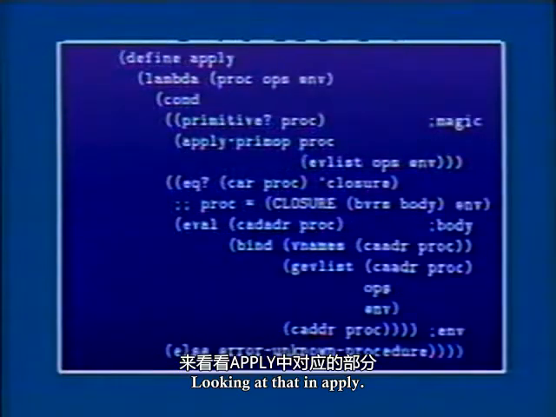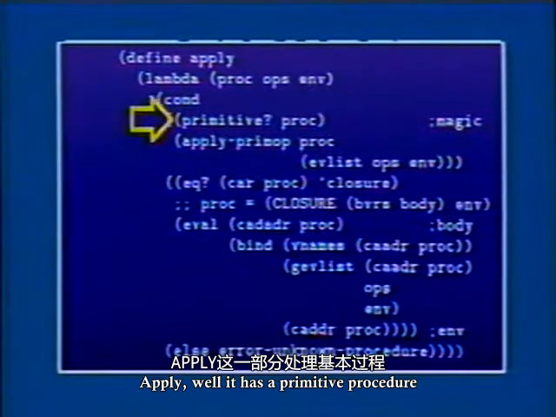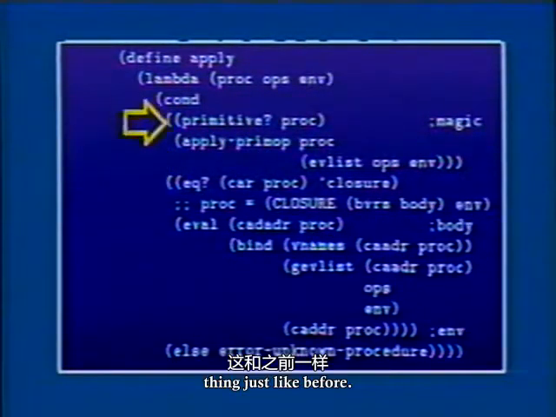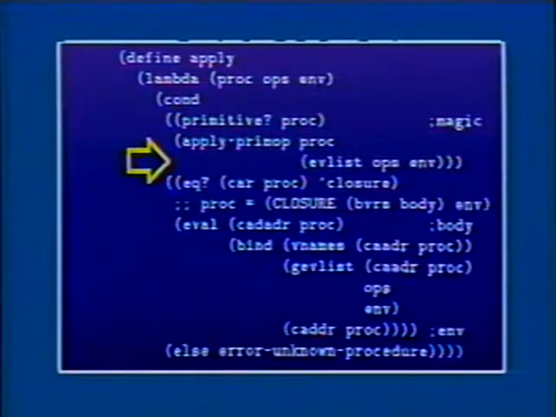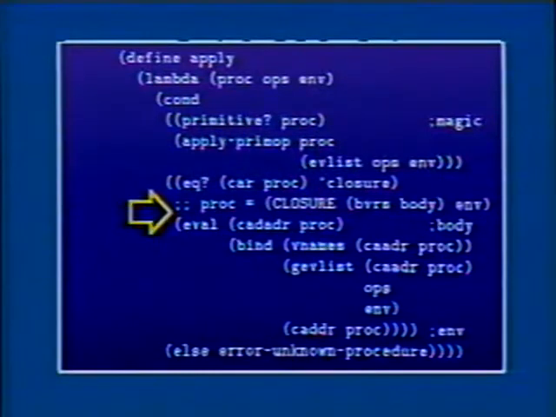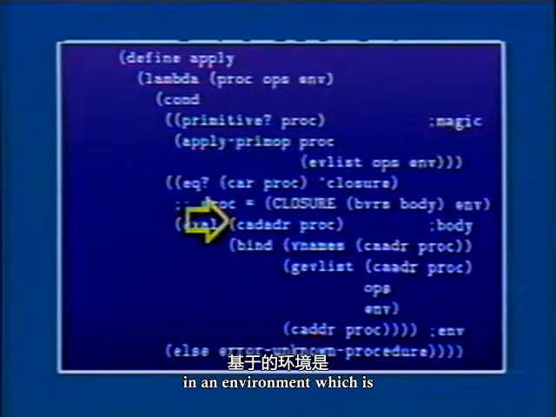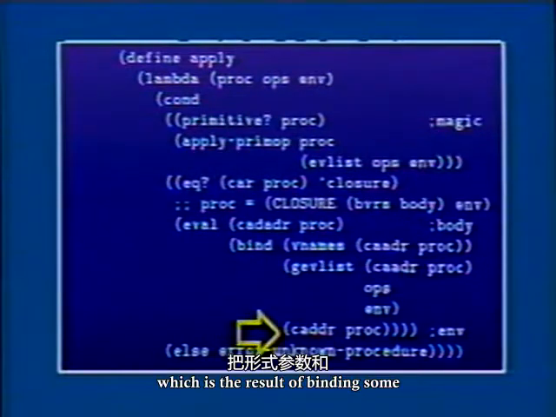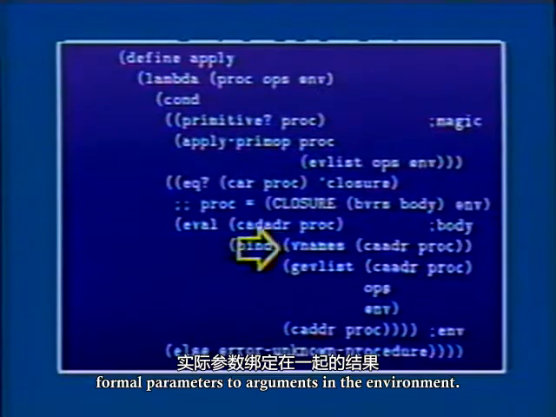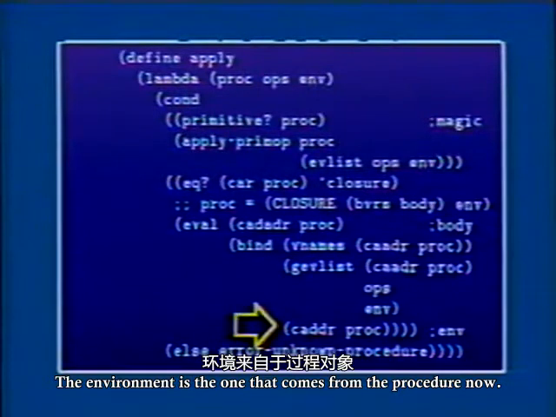Looking at that in apply, well, it has a primitive procedure case just like before. But the compound one is a little more interesting. I have to evaluate the body just as before in an environment which is the result of binding some formal parameters to arguments in the environment. That's true. The environment is the one that comes from the procedure now.